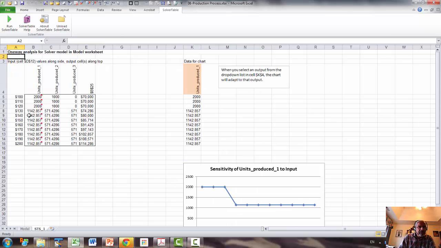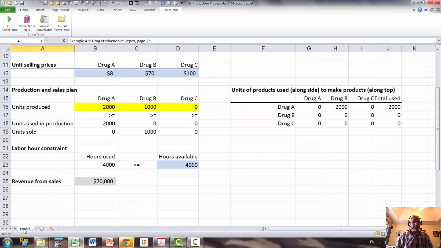Now you see that we start producing drug C once we hit $130 per unit price. Right now it is 100. If you hit 130, then we will start producing drug C as well. Suppose we want to do a two-dimensional sensitivity, for both selling price and hours available.